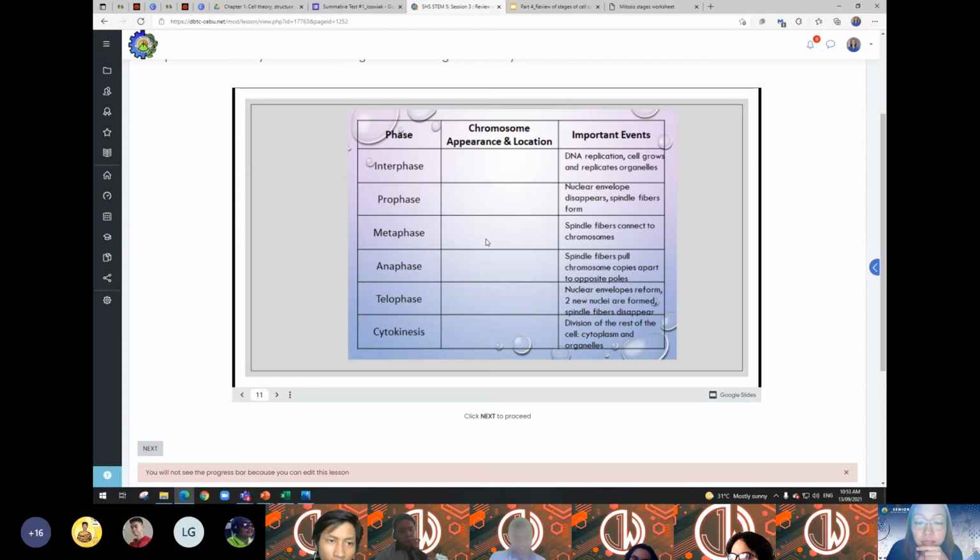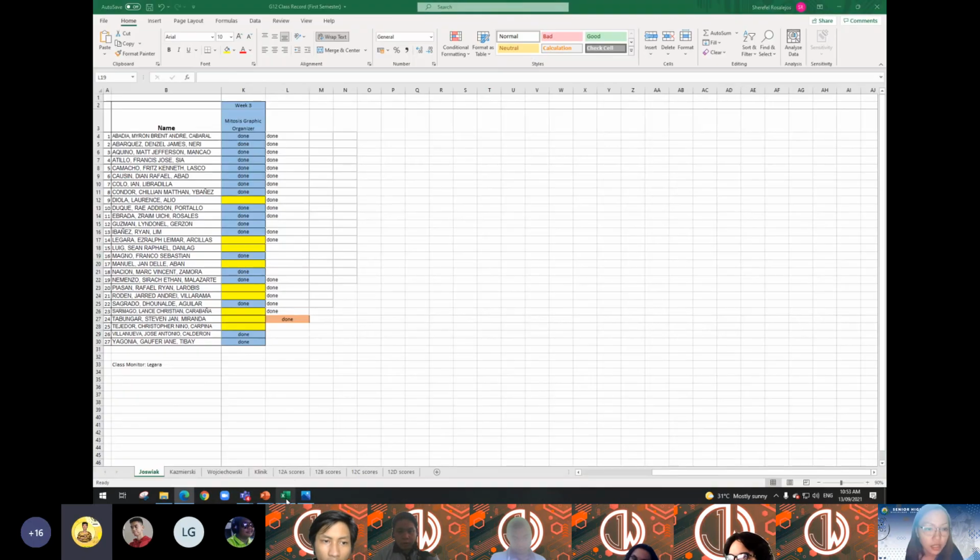In metaphase, the chromosomes line up in a single file in the middle of the cell. Then the spindle fibers are connected to the kinetochore of the sister chromatids. Okay, good. Thank you, Magno.